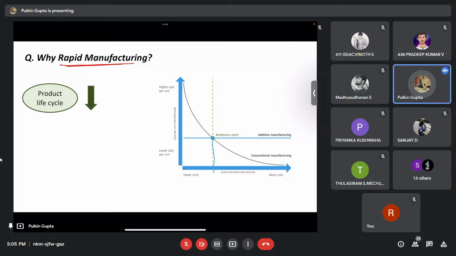With innovations, we have assembly lines and manufacturing techniques that could manufacture a particular product within a very short time frame.